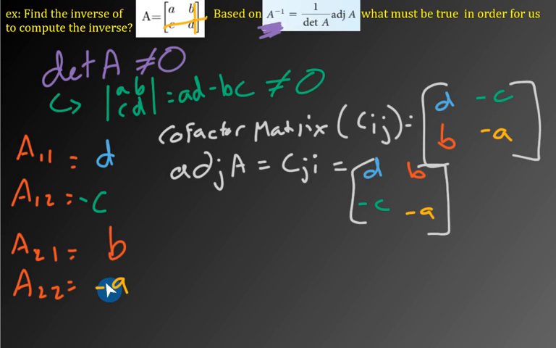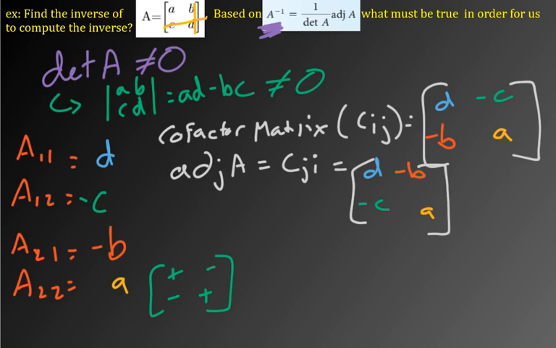Because I was going down, I got off with my signs, so I should have gone positive, negative, negative, positive. It should look like this. So the signs need to switch there. So I've got negative B, negative B, and then A is supposed to be positive. So there we go.